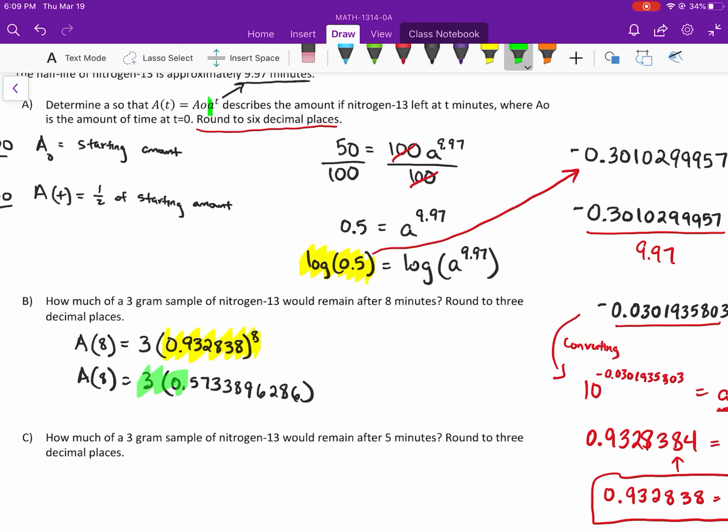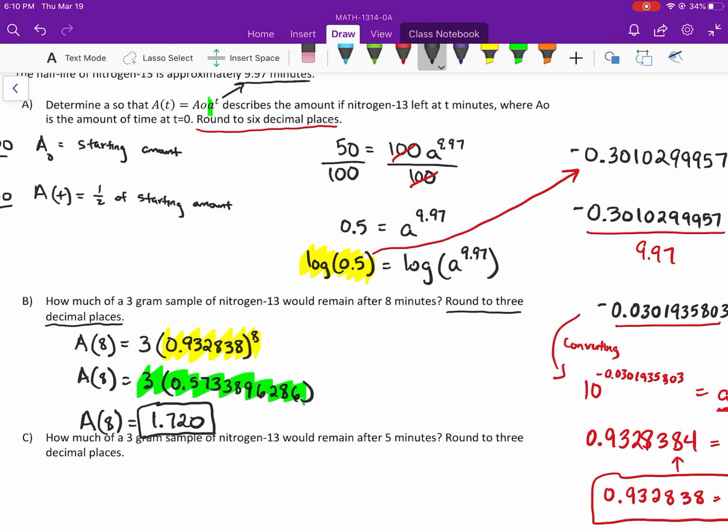My next step is to multiply that times 3, and that's going to give me my answer, the amount after 8 minutes. It's going to be 3 times that, 1.72. It says we can round to how many decimal places? I believe 3. 1.720. And there is my answer.